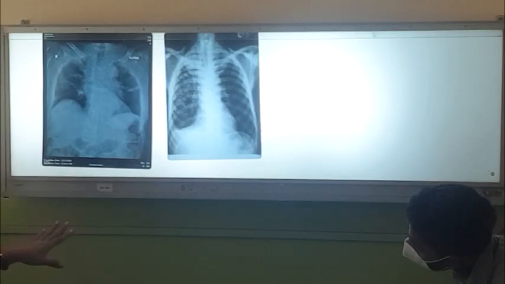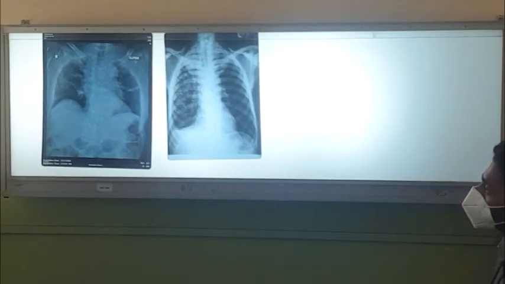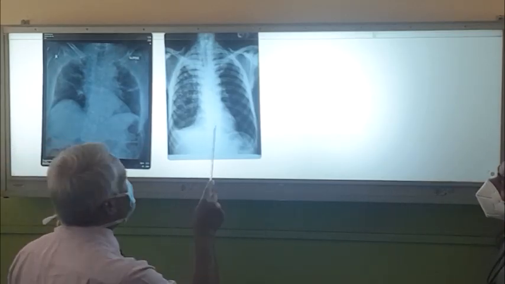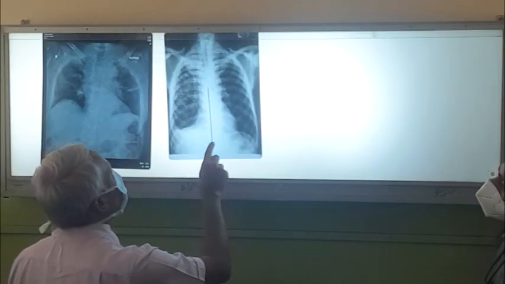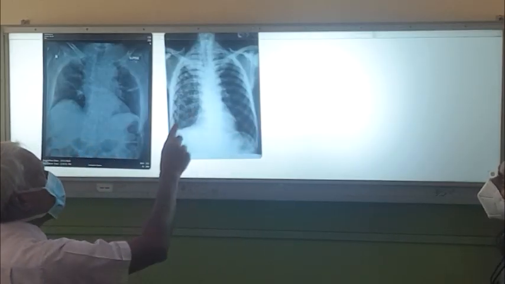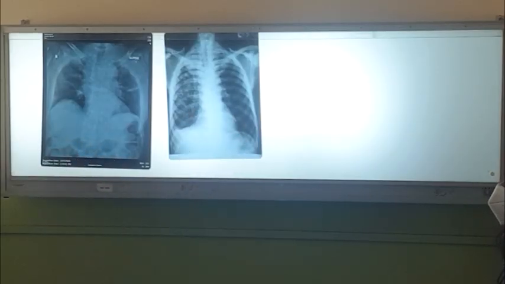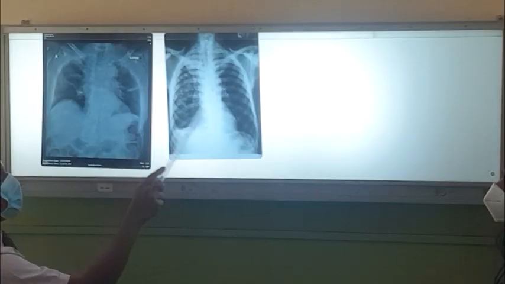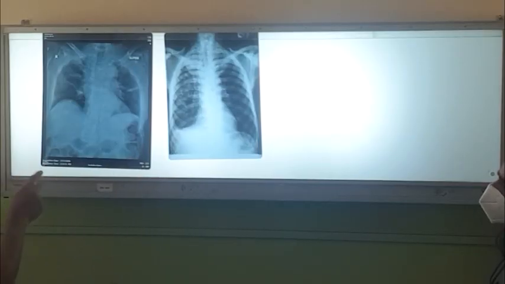That also you have to detect when you see X-rays, right? But in this case, you can see all these bones are whitish. This is bone sclerosis, right? This patient has bone sclerosis in addition to TB. The other patient has severe osteoporosis due to multiple myeloma, right?